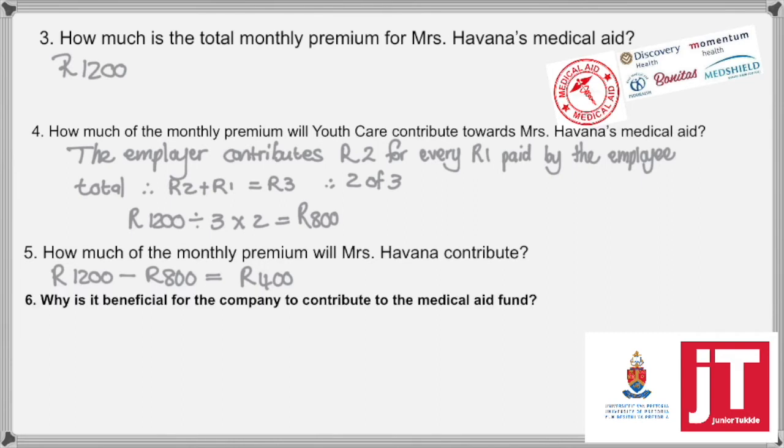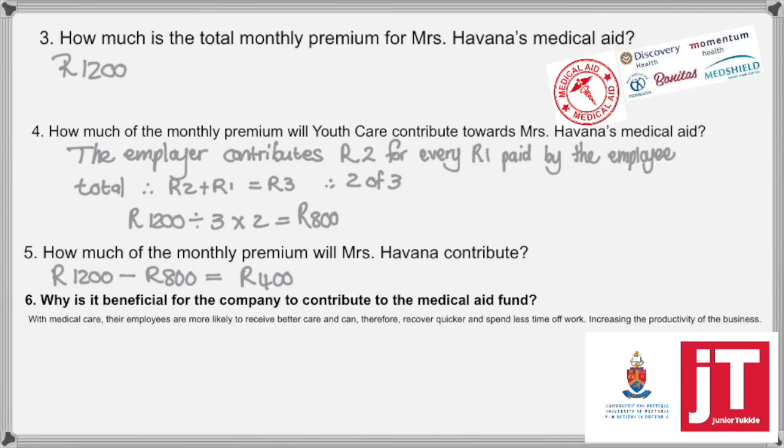Okay. And why is it then beneficial for the company to contribute to the medical aid fund? So why would they do this? Why will they decide to pay 2/3 of her medical aid fund? Well, if you have employees that have a good medical aid and that go to the doctor when they are sick, they recover faster, and therefore you have less downtime, more productive workers.